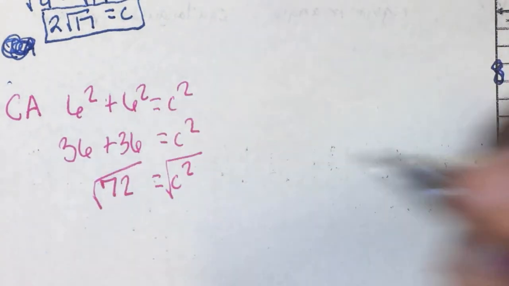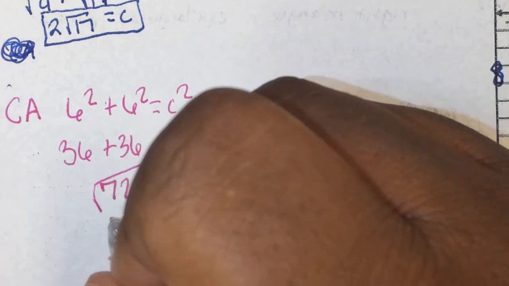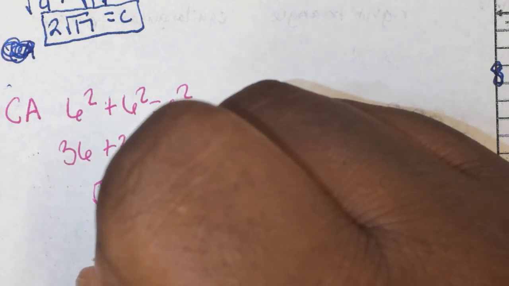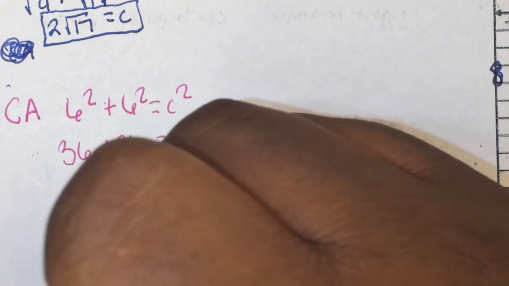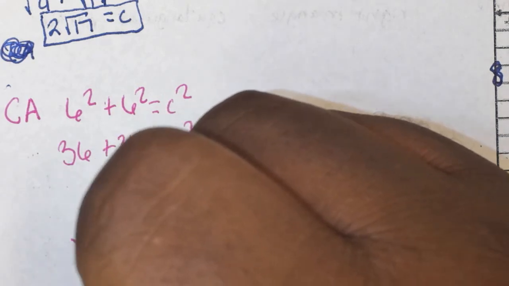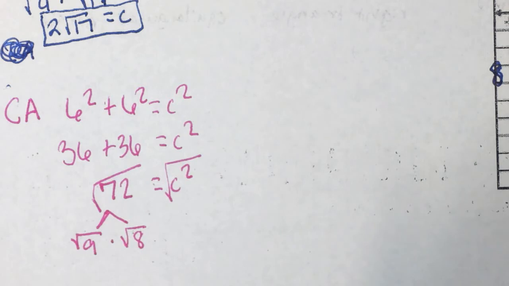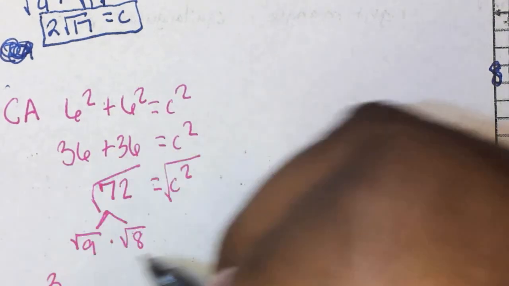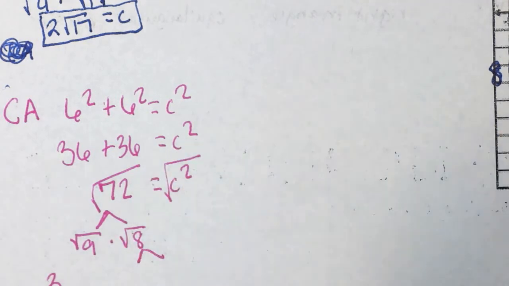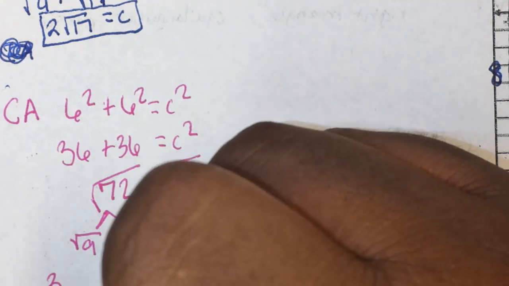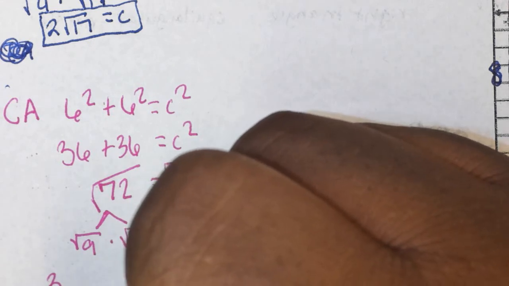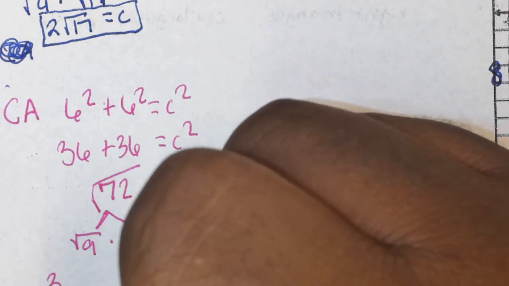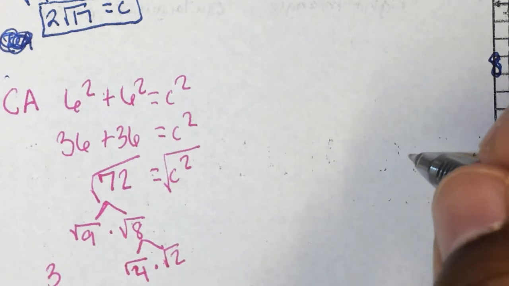Under the radical sign, we can do 9 and 8. Square root of 9 times square root of 8. And then we could take the square root of 9. That's going to give us 3, right? The 8 we need to break down a little bit further. Square root of 4 and square root of 2. My bad.